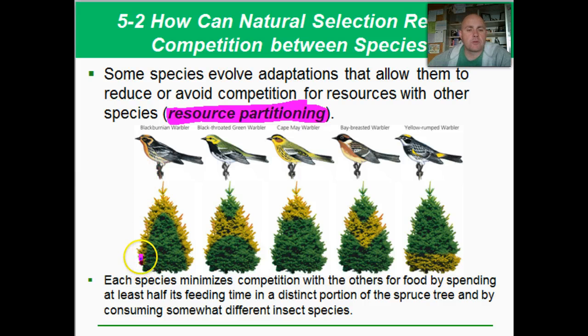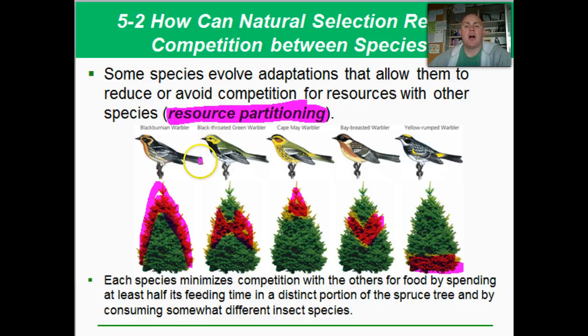One warbler will just live in this yellow zone here on the outside of the tree. This one will only hang out in this region of the tree. This one will only hang out in this part, or only at the bottom. So it looks like they're using the same niche, but in reality they've separated out and they're all using different components of it.